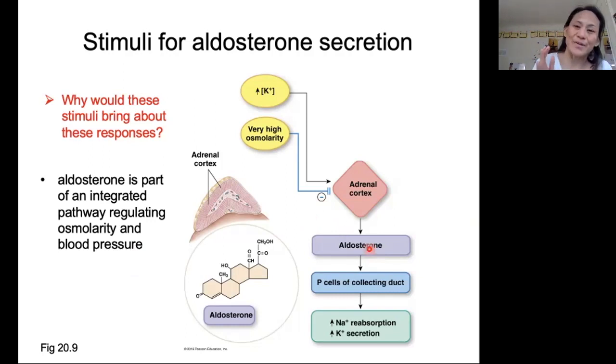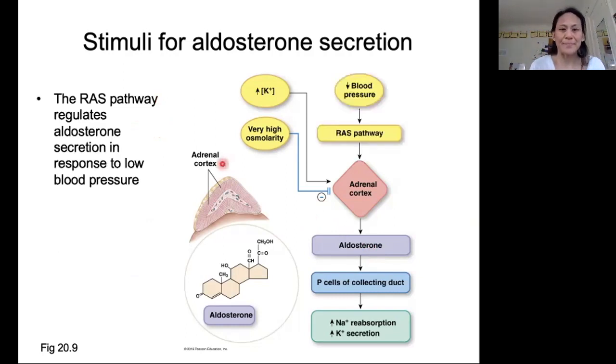So let's take a look at that pathway. Here you can see that pathway. It's called the RAS pathway, acting as a stimulus for aldosterone secretion. The RAS pathway is basically a pathway that gets activated when blood pressure is low. So let's take a closer look at that pathway.